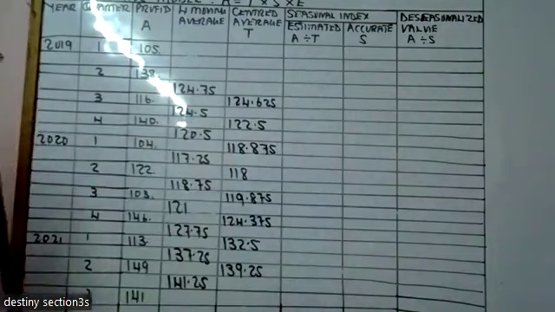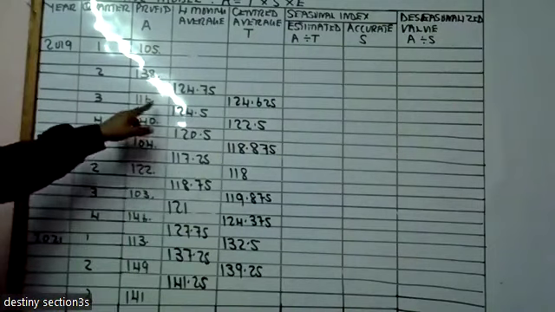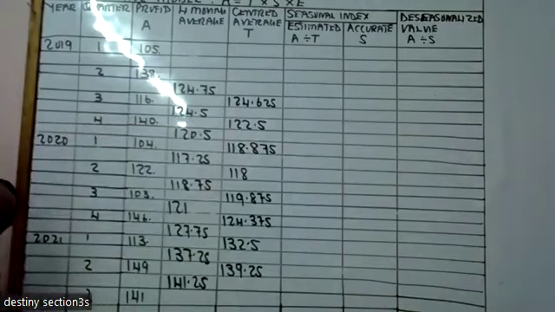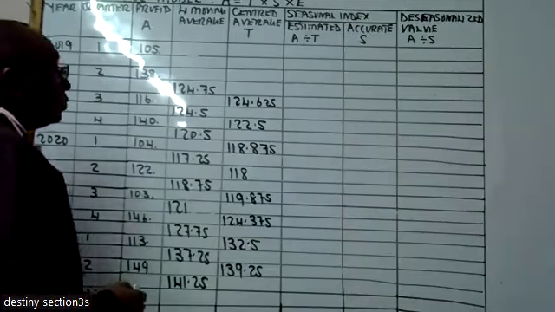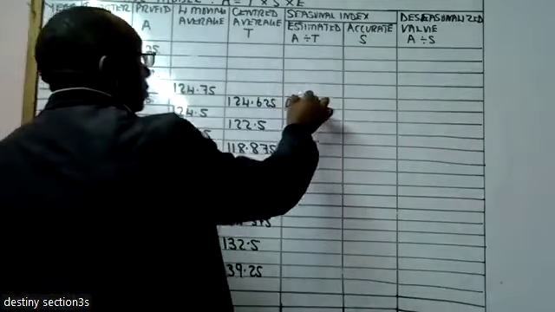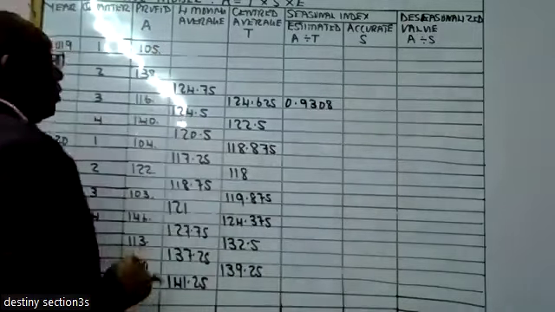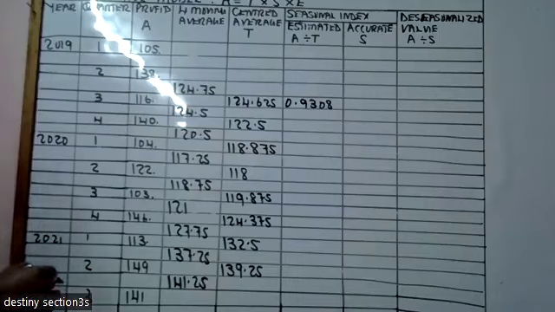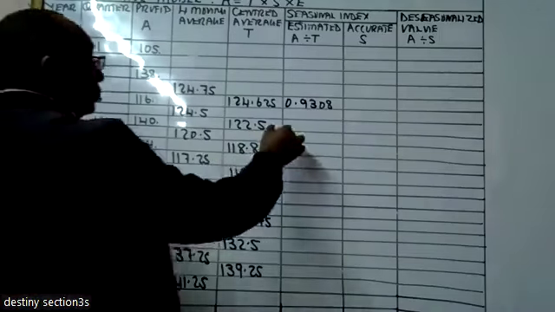We divide. Let me get those ones from Beatrice. Beatrice, tell me 116 divided by 124.625. Give me to 4 decimals. 0.9308. Good. Go to the next one, still Beatrice, 140 divided by 122.5. 1.1429.